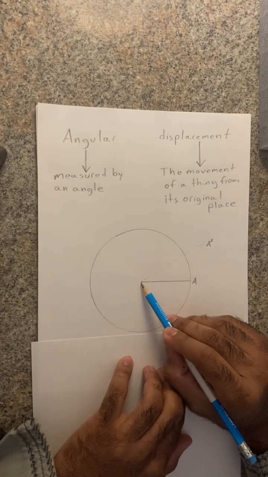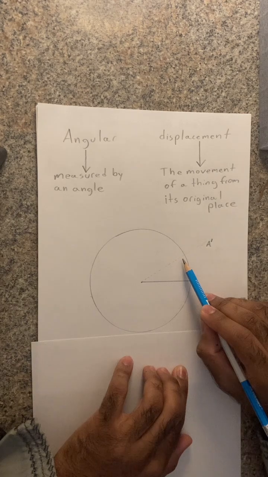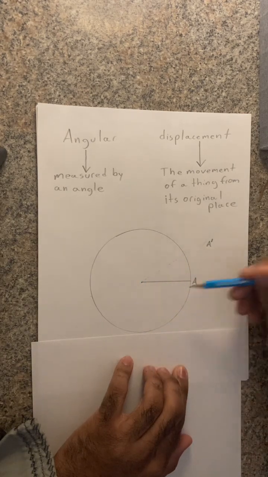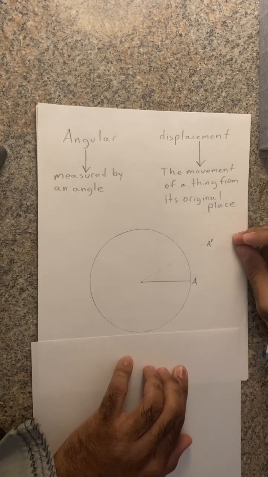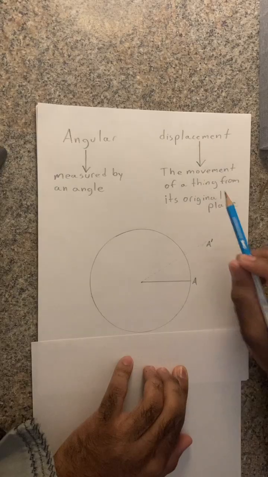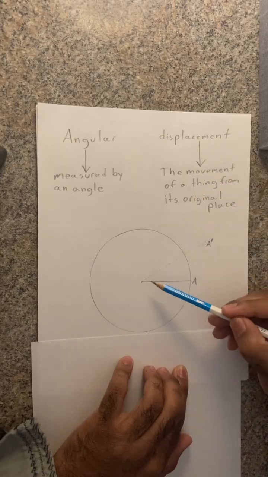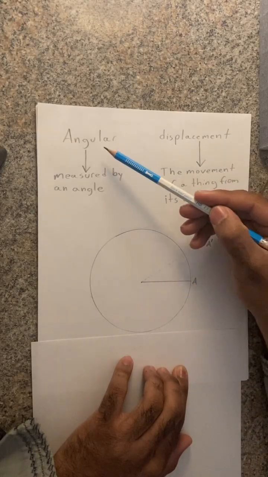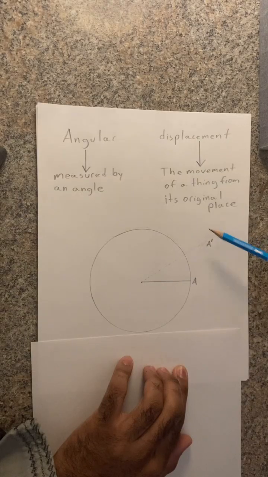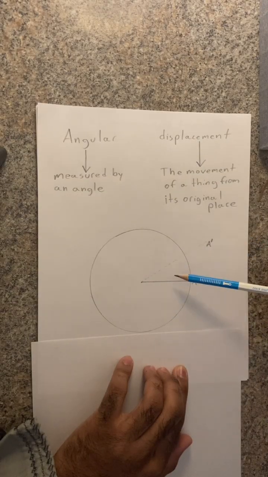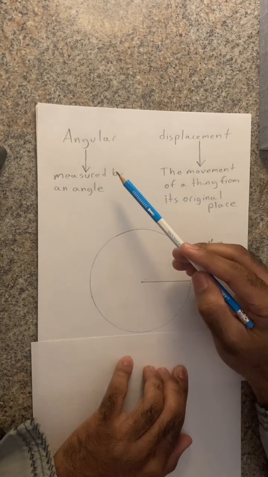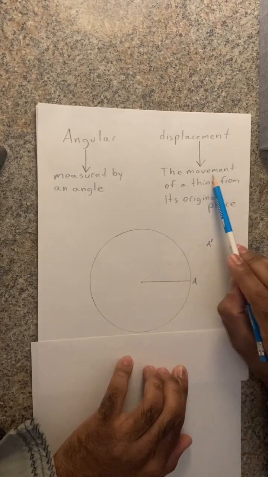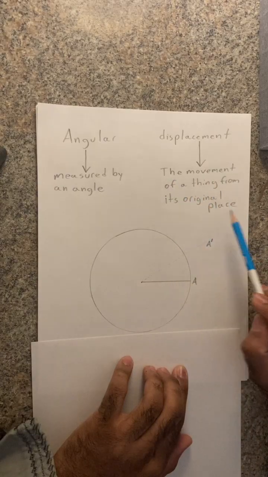So any rotation which happens will be within the 360 degrees. Now, we will use this illustration to break down the literal definition: the movement of a thing from its original place.